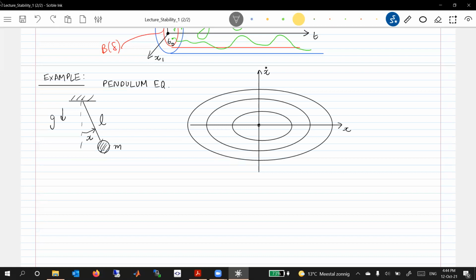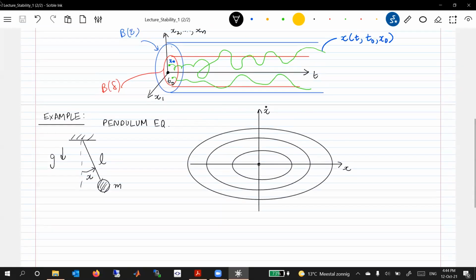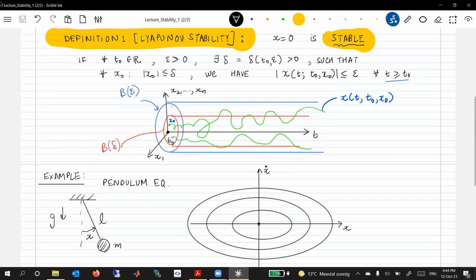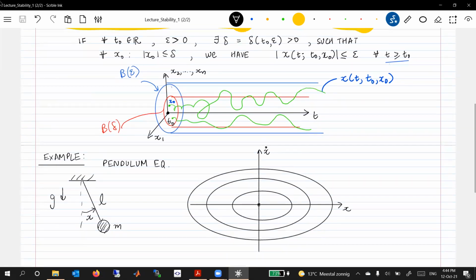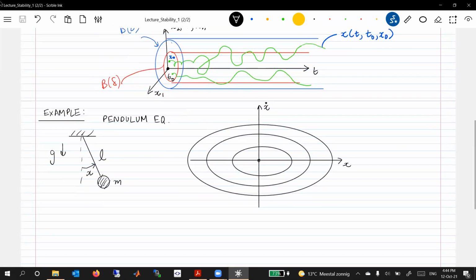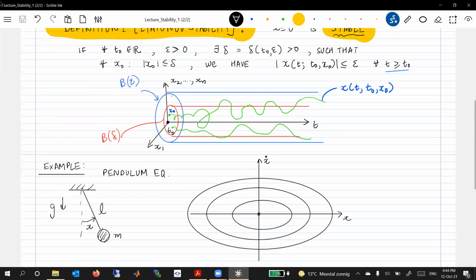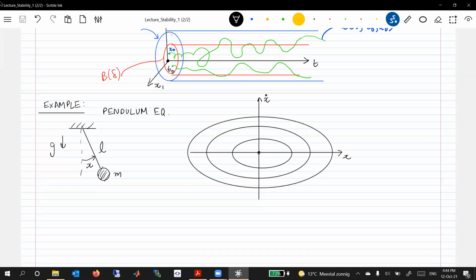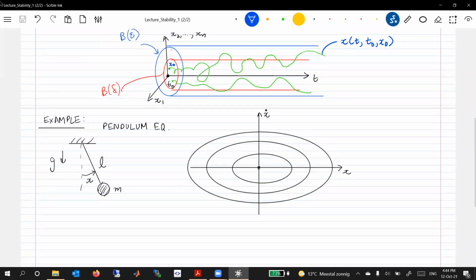And so let's say we are given an epsilon. What does the definition tell us? The definition tells us that for any initial condition and any epsilon, which is the confinement radius, we will be able to find a delta. So let me be consistent with the color.